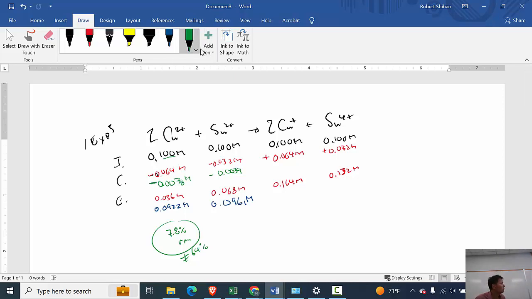How about over here? How much copper 1 am I going to gain? This is going to be plus 0.0078.